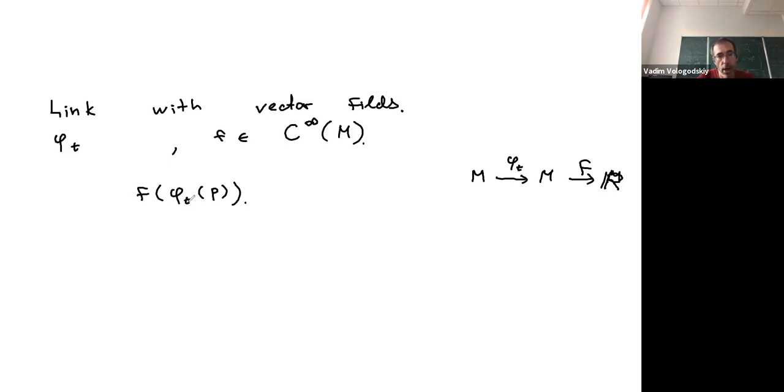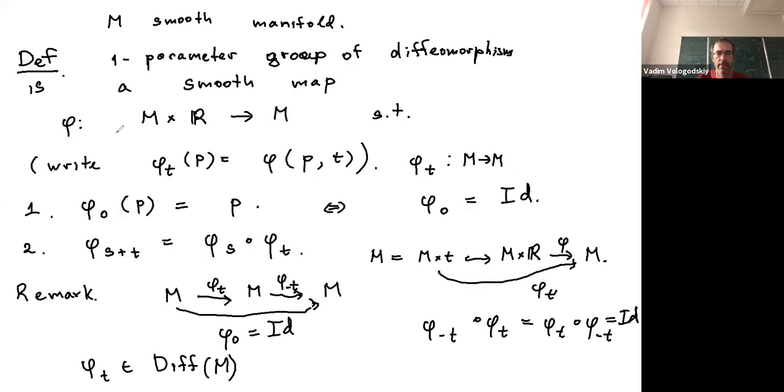It's actually a function in two variables, right? It's a function in t and also a function in p. So by the very definition, it's a smooth map from M times R to R. The smoothness of this map comes from the smoothness of phi.